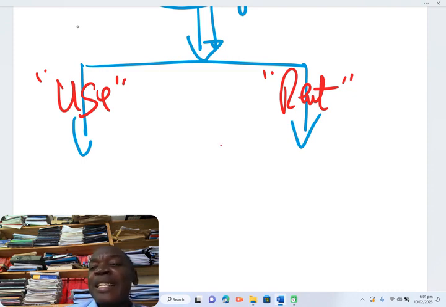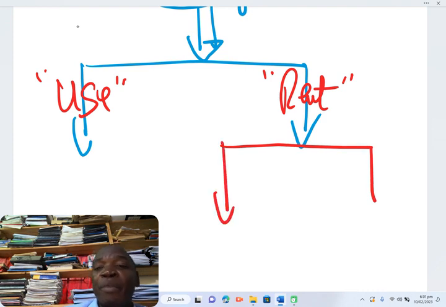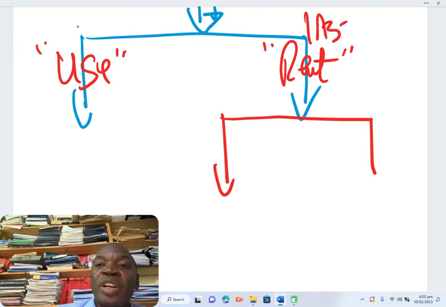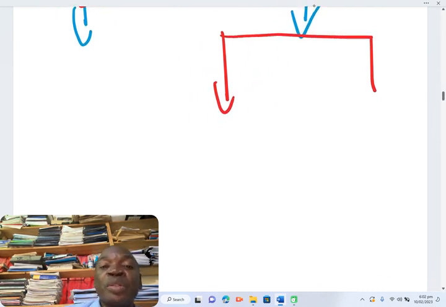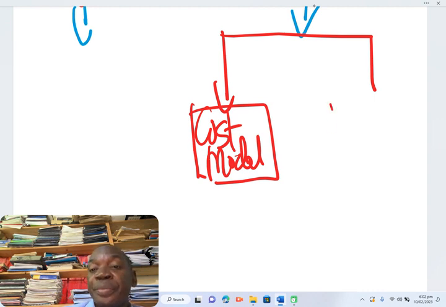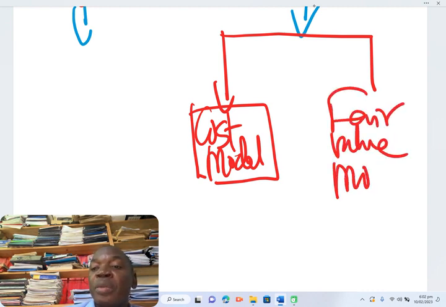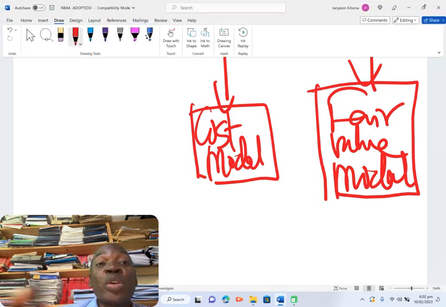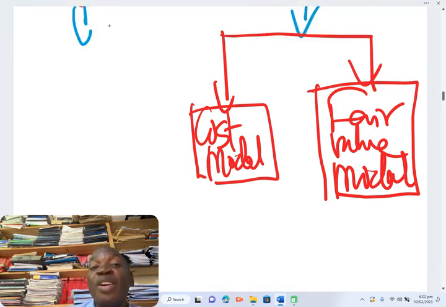In this structure here, we have two models in IS 40. You can use the cost model or you can use the fair value model. That is the two structure.